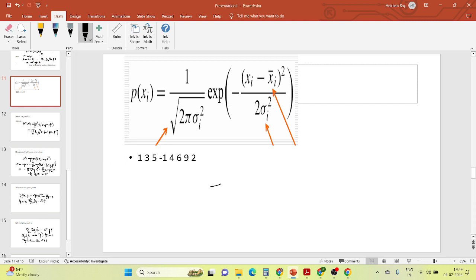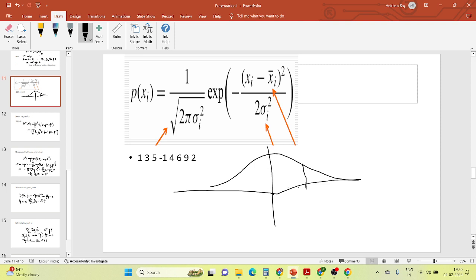What do I mean by Gaussian distribution? Is this bell-shaped curve? What does it mean? Given this is 0, the origin, given a xi value on the x-axis, what will be this? This is like a probability distribution.